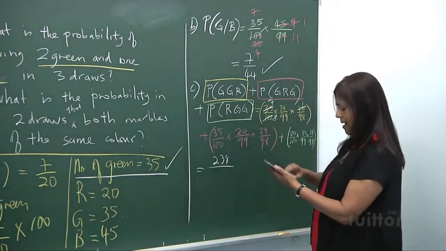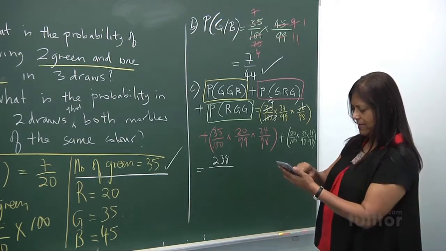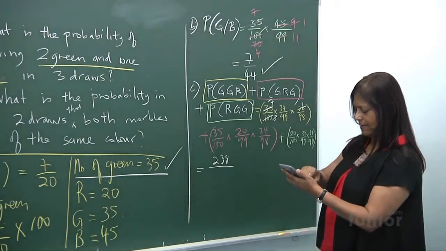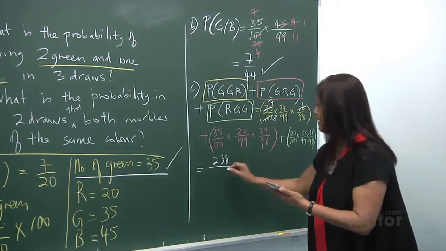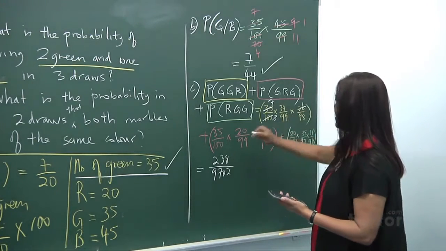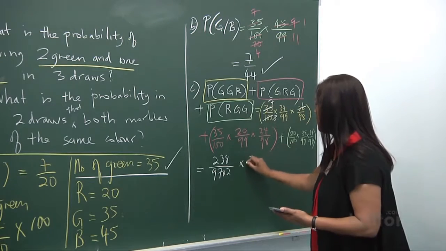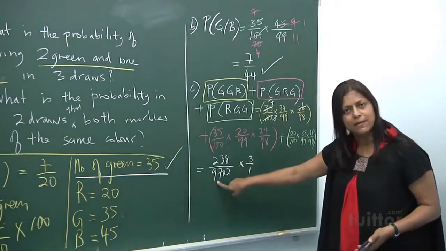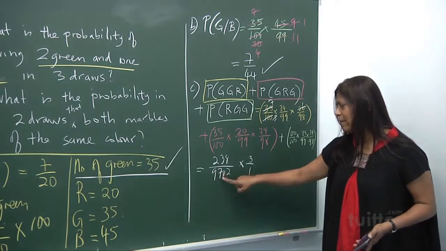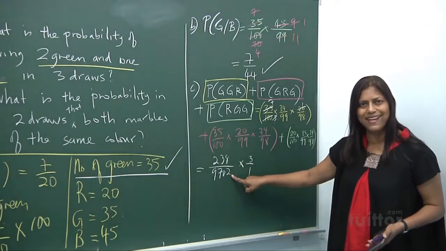And this, 99 times 98, you get 9702. And then you're going to multiply because there are 3 sets, 1, 2, 3. You're going to multiply it by 3. Is this number divisible by 3? 9 plus 7, what do you get? 16 plus 2, 18.